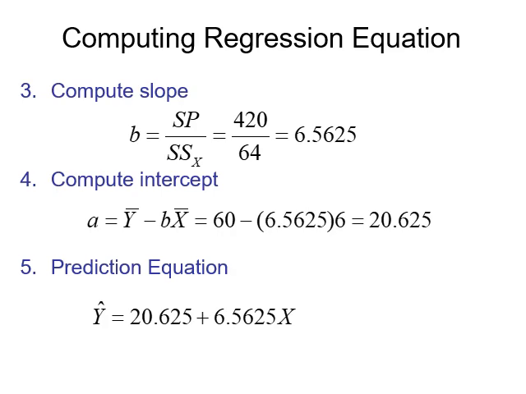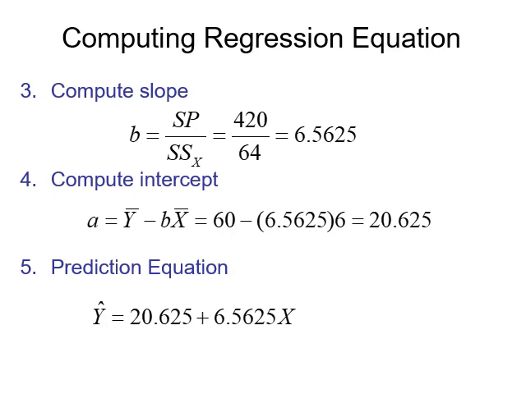Once we have the b weight, so b weight again is the unit change in y for each 1 unit increase in x. So now we need to compute the y-intercept. And again, it's simply the mean of our outcome, y, 60, minus the mean of our predictor, in this case x, 6, multiplied by the b weight. So again, we plug those numbers in the equation, we calculate it, and we find out our y-intercept.